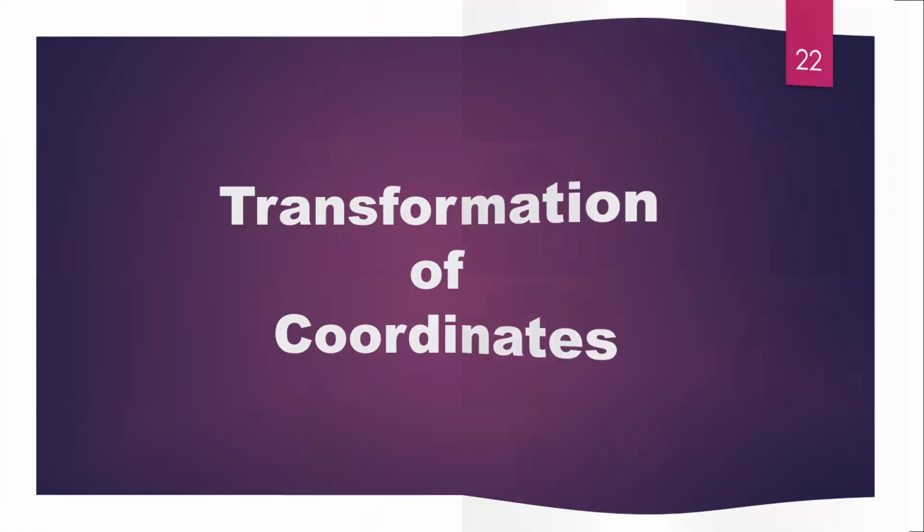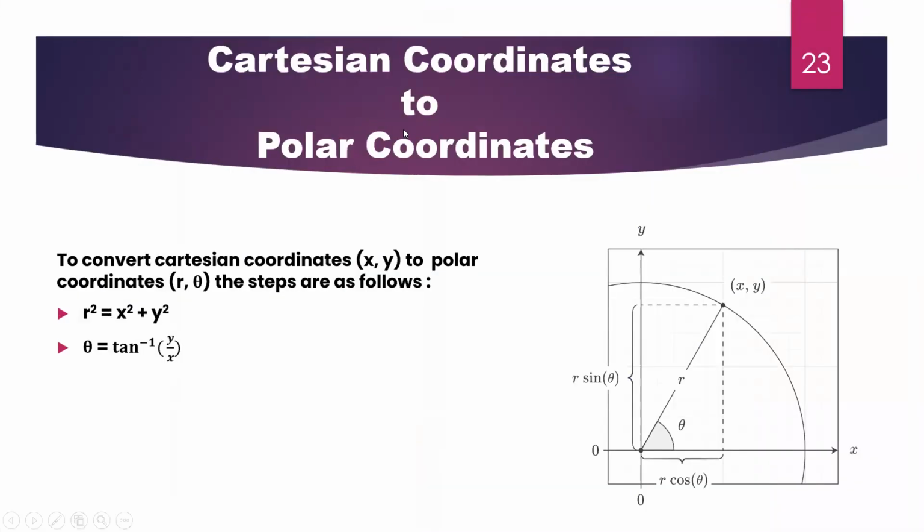Transformation of coordinates. This is a very important topic. Cartesian coordinates to polar coordinates. As you can see in that figure, there is a right triangle that will be created by point x, y.